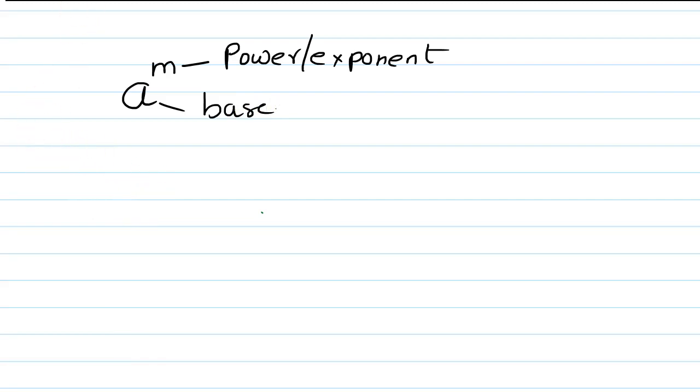Your first rule is a to the power m times a to the power n, then you can add the powers, that is m plus n. The bases are the same, you can see base a and a is the same, and the powers are different, so you can add the powers. Let's quickly see an example based on this.